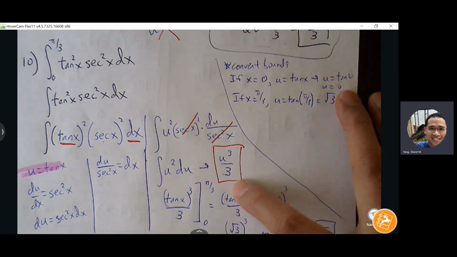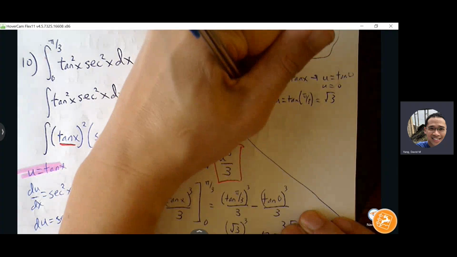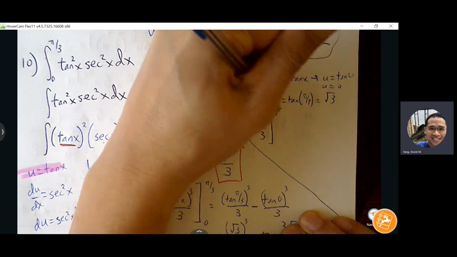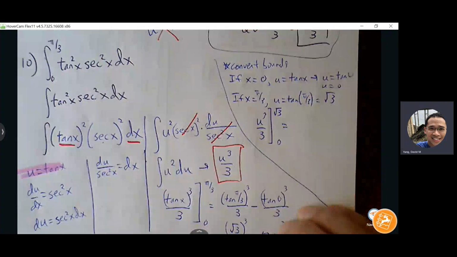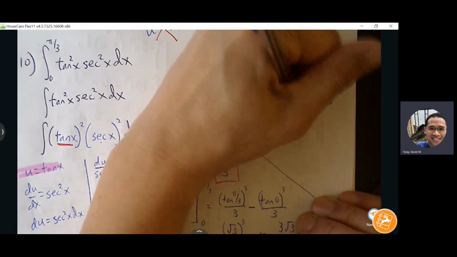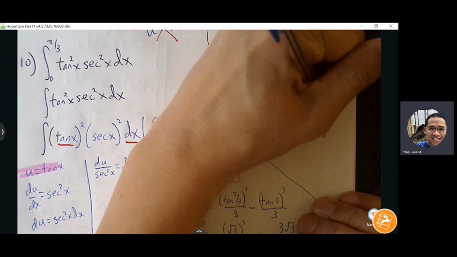Then we can use those u bounds with the antiderivative in terms of u. Feels a little bit cleaner because you've done the heavy work ahead of time. So plug that root 3 in, we get root 3 cubed over 3 minus 0 cubed over 3.